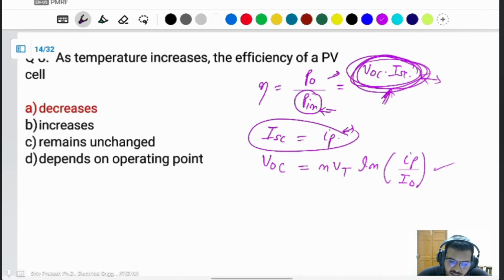If temperature increases, then the photon current increases. As the photon current increases, the short circuit current will increase under temperature conditions. But for the voltage condition, you have to differentiate this expression with respect to the temperature.